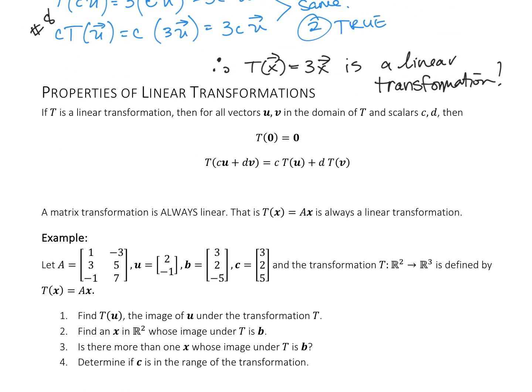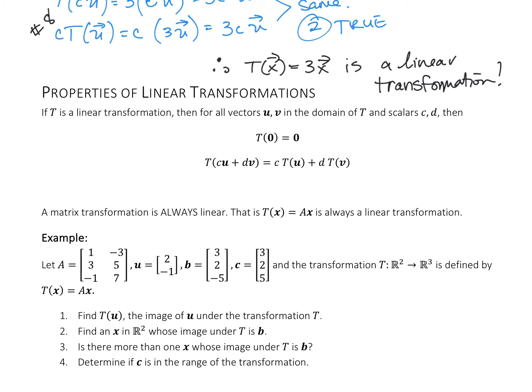Cool. Properties of linear transformations, in particular, the transformation of the 0 vector is always going to be the 0 vector. Anything you can do that's going to maintain our linearity is going to say that our 0 vector stays put.